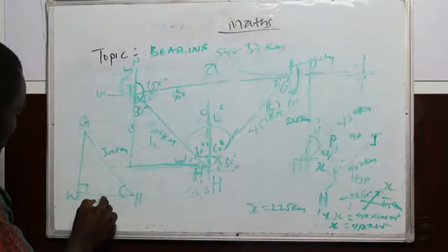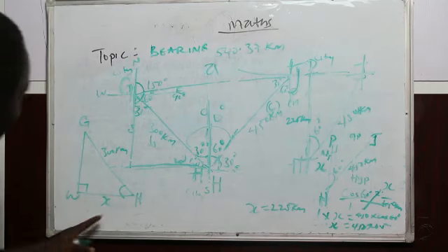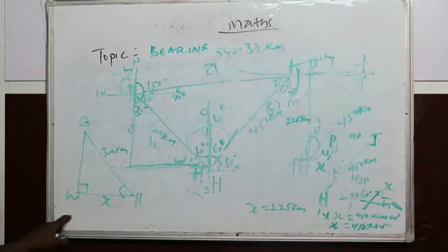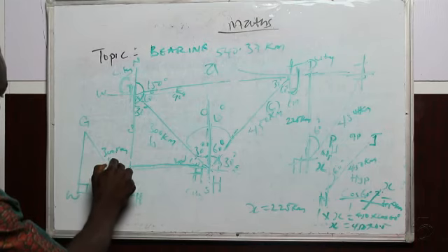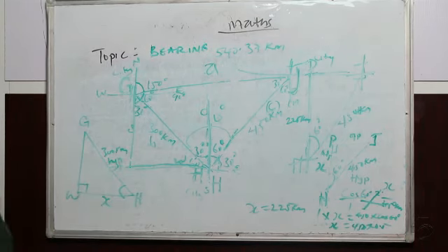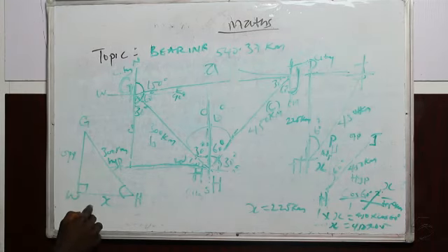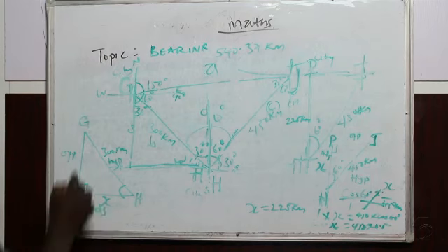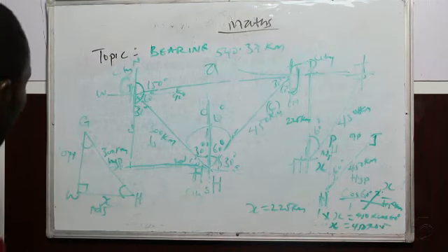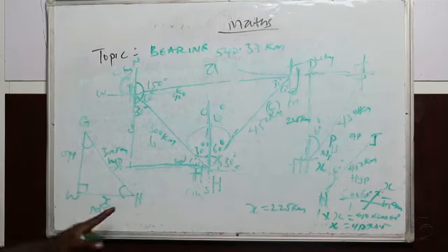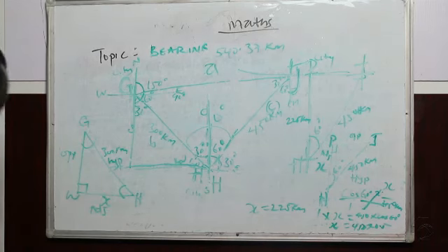Therefore, we put X here because we are looking for the distance west to G. Now, the hypotenuse also has been given to be 300 kilometers. Here, this is our opposite, and here is our adjacent. If you consider this angle at G, this place will turn to our opposite, and this place will turn to our hypotenuse.